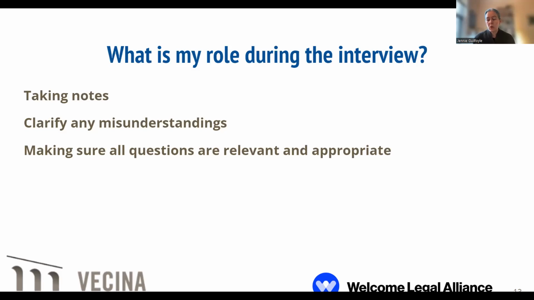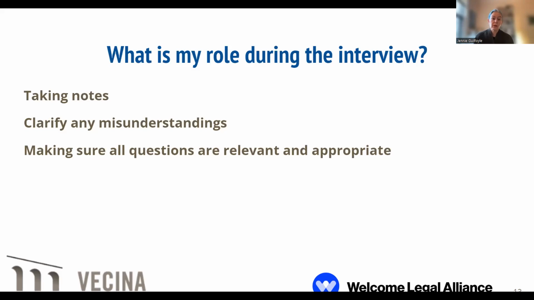Another really important thing, and hopefully in most cases this doesn't come up, is that the asylum interview is supposed to be a non-adversarial interview. It's not supposed to be a cross-examination. It's not supposed to be hostile. The questions are supposed to be relevant and asked in a neutral way. If things seem to be going really poorly and it starts to feel really hostile, it's important to speak up as the representative.